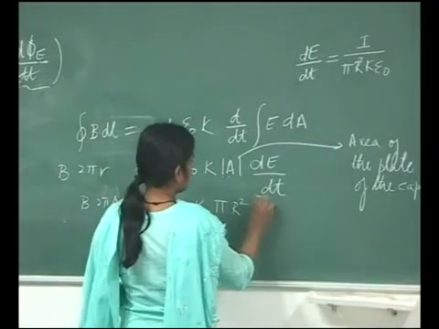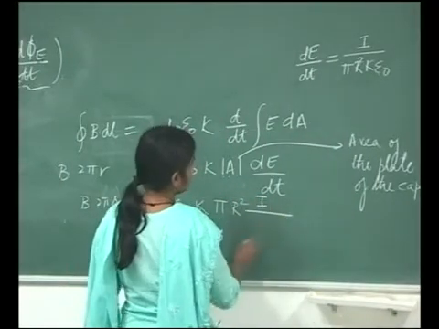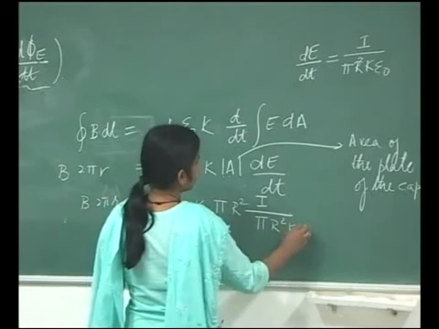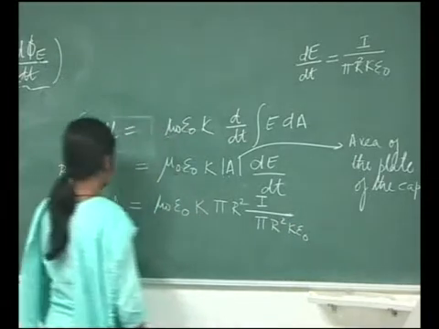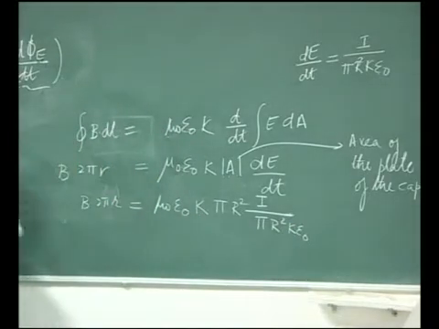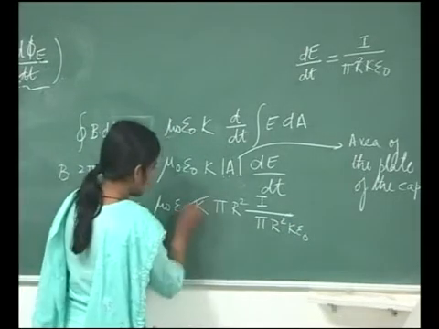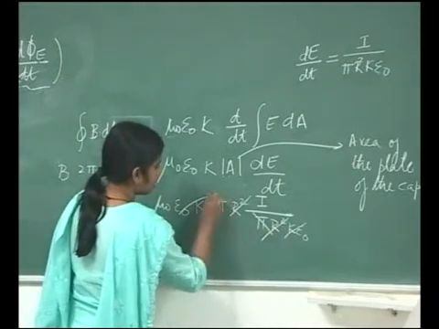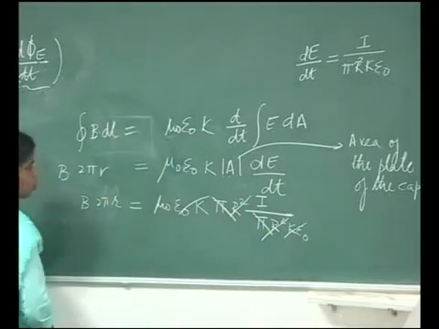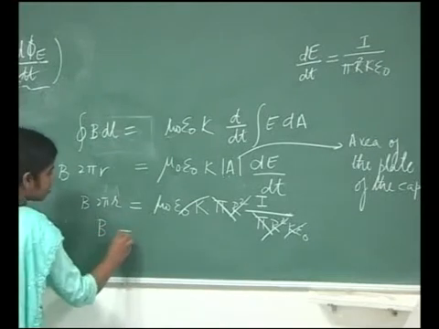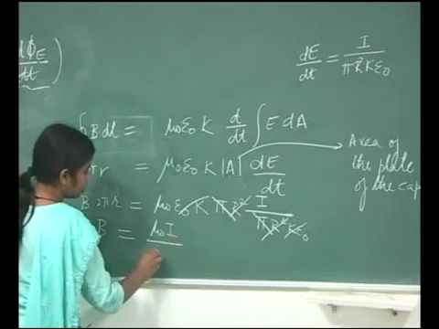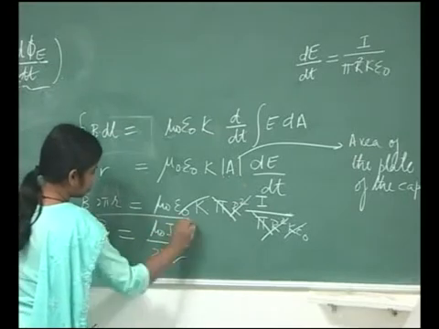So, I get I divided by pi R square k into epsilon naught. So, let us see what we get. I can cancel k epsilon naught, I can cancel this R, I can cancel this pi. So, what I get here is B is equal to mu naught I upon 2 pi r.